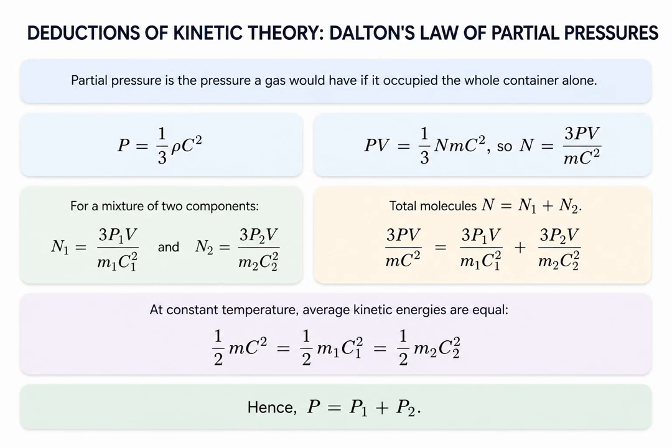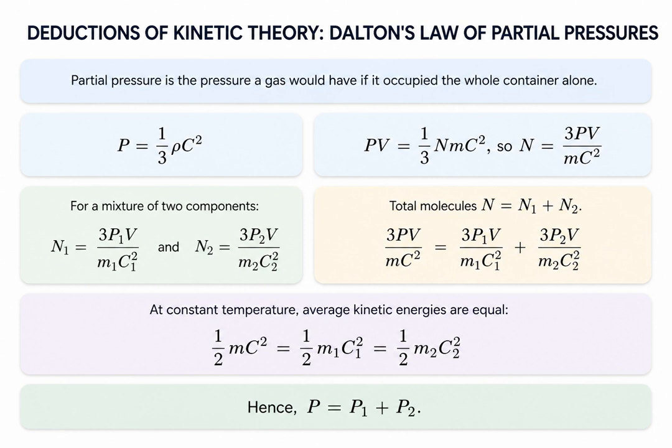The kinetic theory also explains Dalton's law of partial pressures. This law states that the total pressure of a non-reacting gas mixture is the sum of the partial pressures of its components. Using PV equals 1/3 nmc squared, we can express the number of molecules N as 3PV over mc squared.